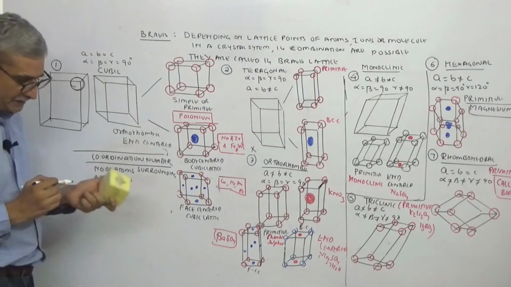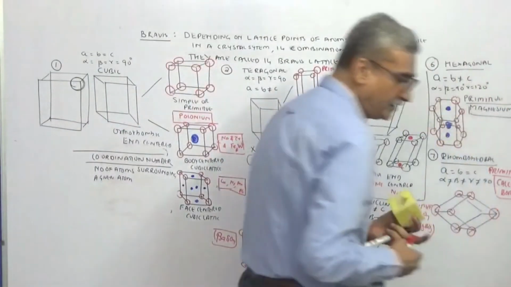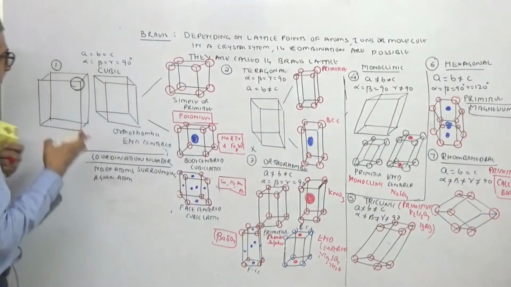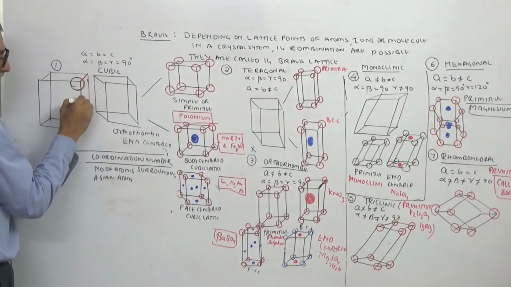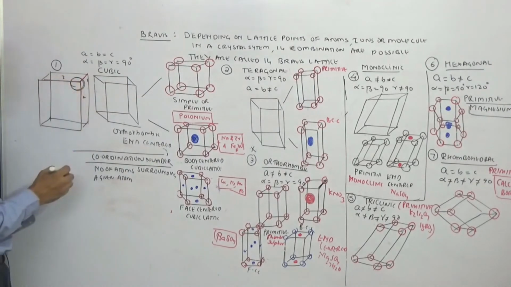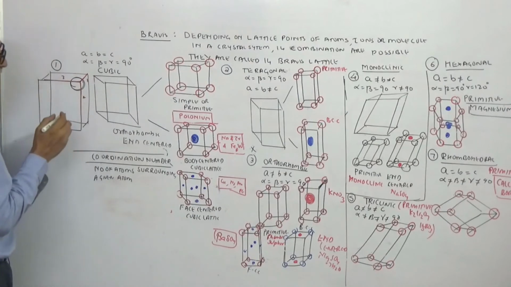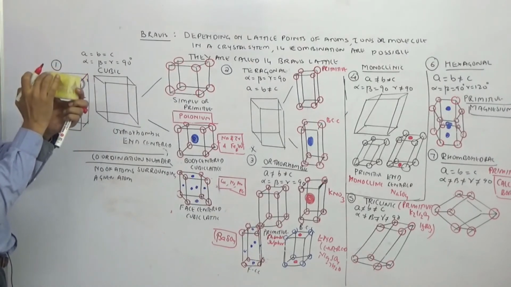How many atoms are surrounding or touching it? That is its coordination number. So let us now calculate. Look, this one on the side is 1, this one is 2, this one is 3. Then you will have 1, 2, 3, 4.